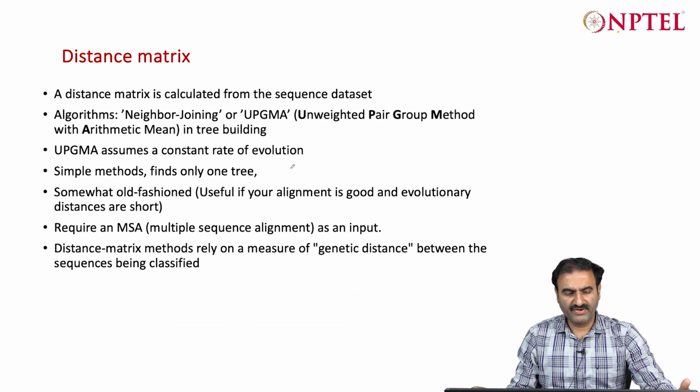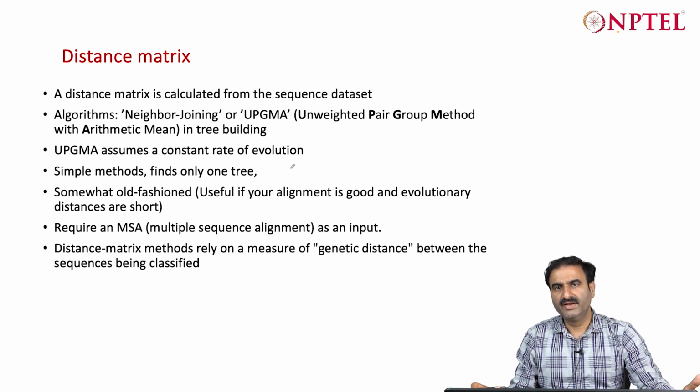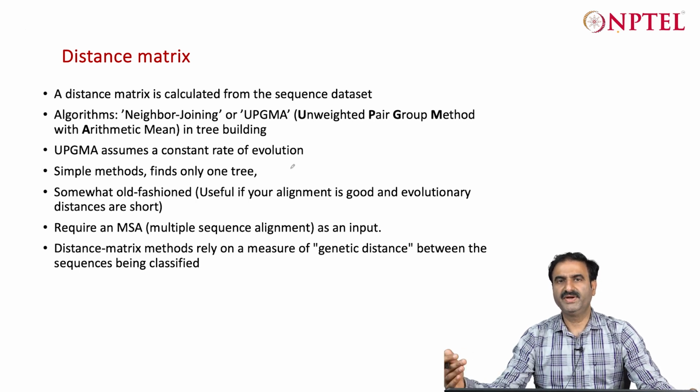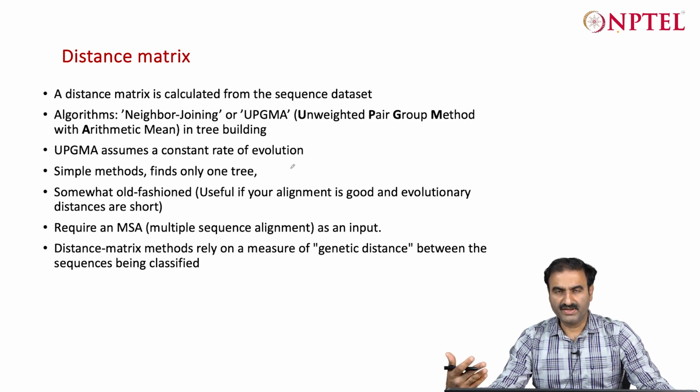Okay, so variants of distance metrics are neighbor joining or UPGMA method, and we discussed that earlier. So now when you are doing this for a bacteria, we discussed the example of 16S ribosomal RNA.